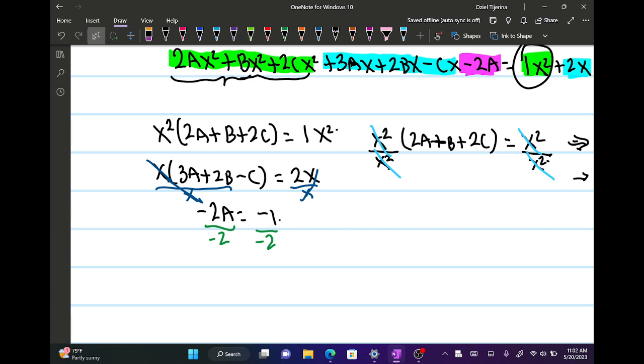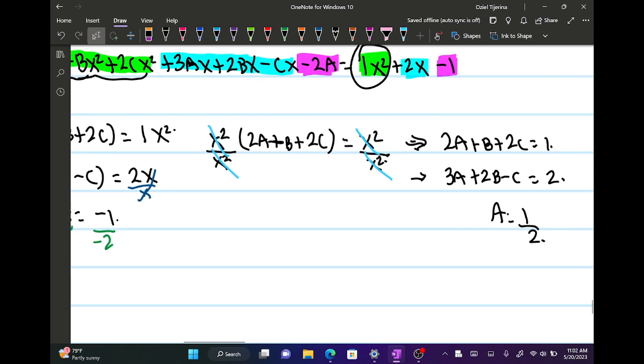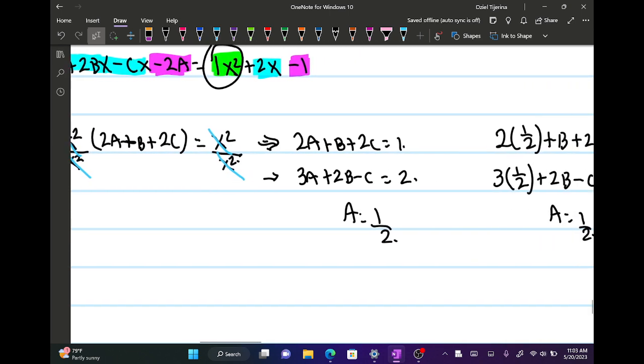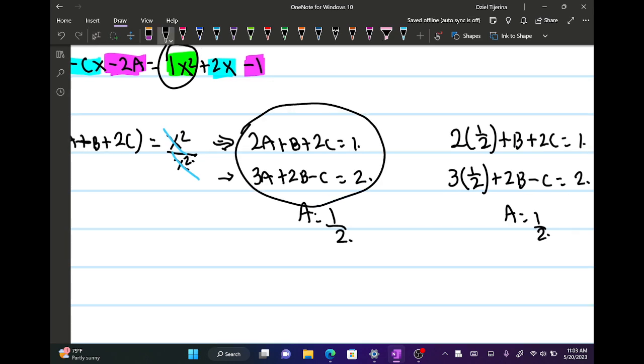I ended up with 2a plus b plus 2c equals 1. This was my system of equations.